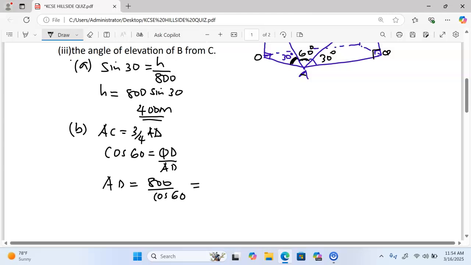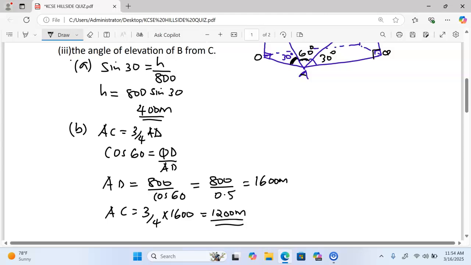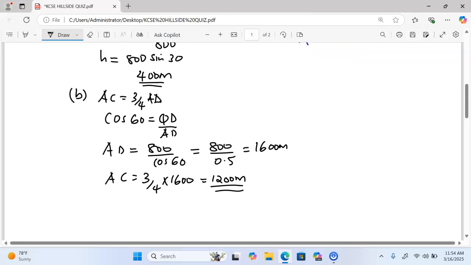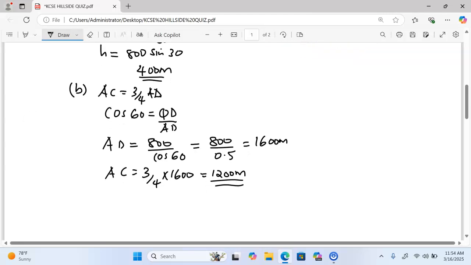Cos 60 is 0.5, so we have 800 over 0.5, and this gives us 1600 meters. If AD is 1600 meters, then AC is 3/4 of 1600, and this gives us 1200 meters. And by so doing, again, we have done part B.